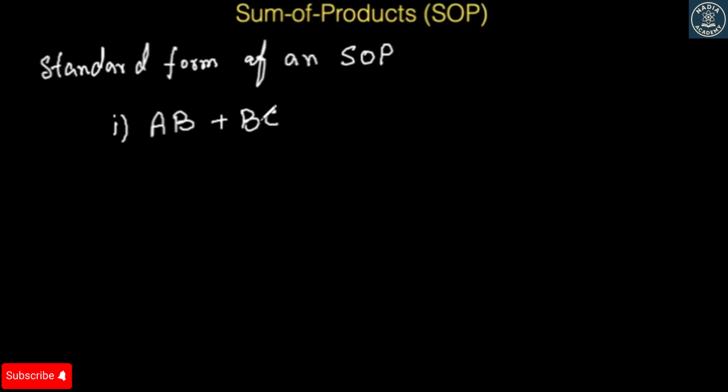Why? Because we can see that the domain of this expression is A, B, and C. So the standard form is that in each product term, we should have all these variables, meaning that we must have A, B, C. Even if some have the bar or not, that is also included. So here we can see that in the first term, the C is missing, and in the second term, A is missing.